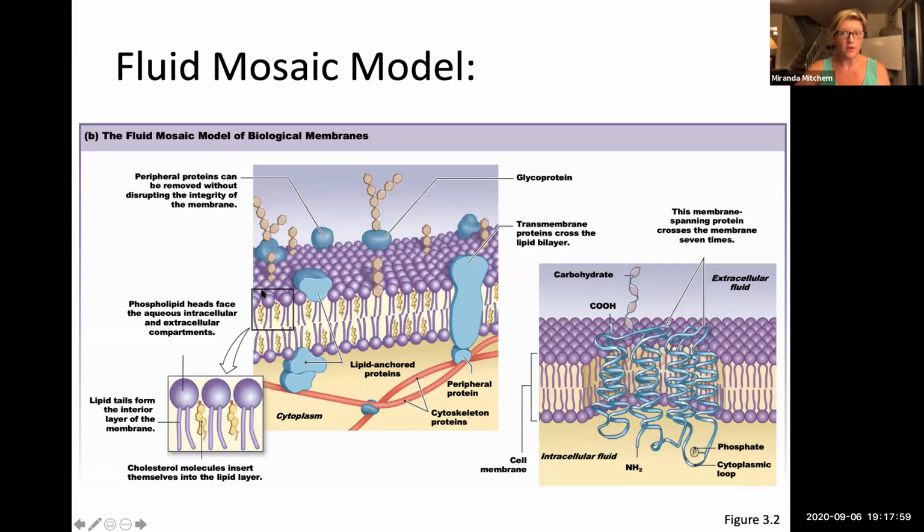It is composed of phospholipids, which have the glycerol head and then the fatty acid tails. So we have very defined regions where the cell membrane interacts well with water in those hydrophilic regions on both sides of the membrane. But the internal characteristics are hydrophobic. So this is the fat soluble portion of the membrane.